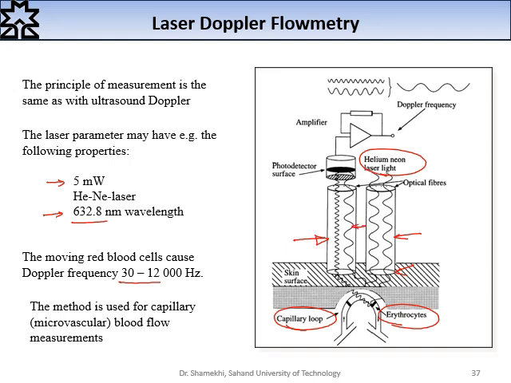The first one is at the source frequency, source bandwidth, and the second is the shifted frequency, shifted light, and therefore the phototube will receive two frequencies. And using these lights, we can find the flow of the blood inside the capillary loop.